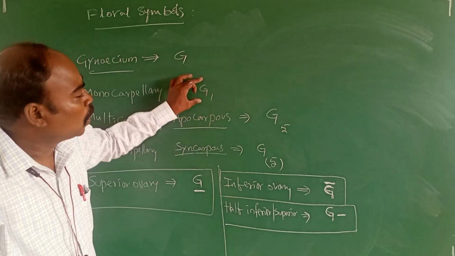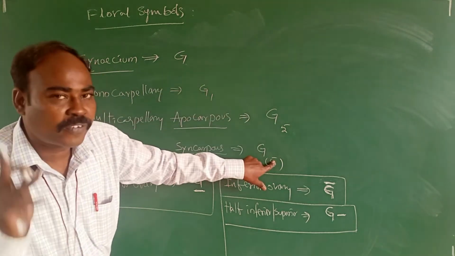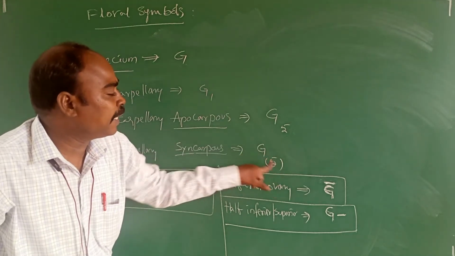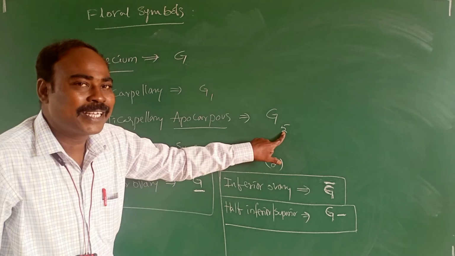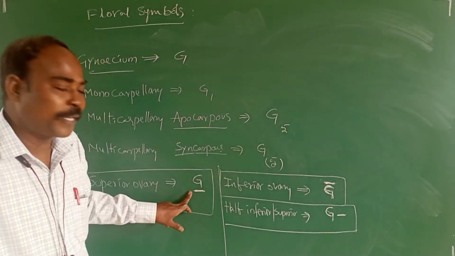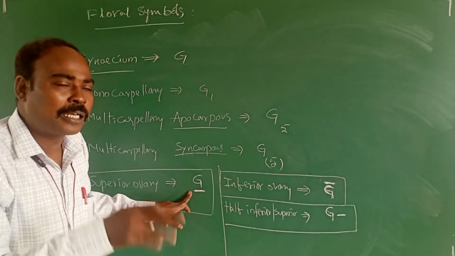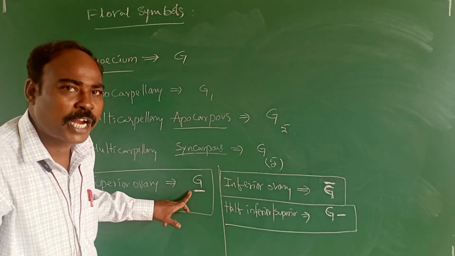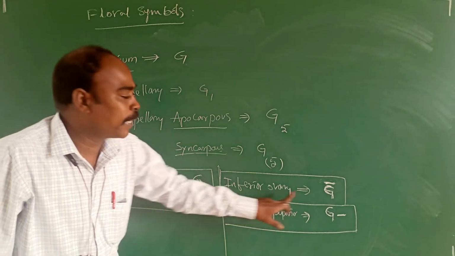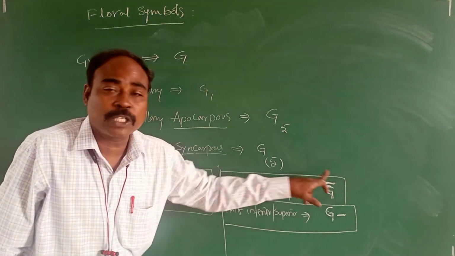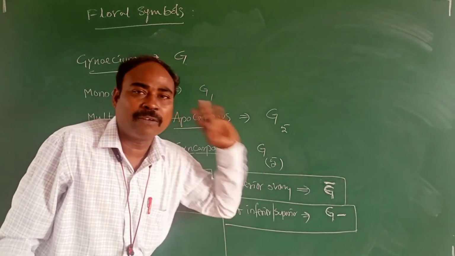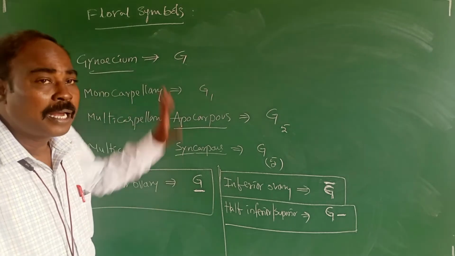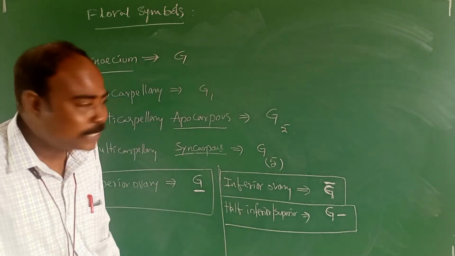The number indicates the number of carpels, brackets indicate fused carpels, and no brackets indicate free carpels. Superior ovary, a line at the base of the G; inferior ovary, a line above the G; half inferior, a line adjacent to the G. This is about gynoecium symbols.